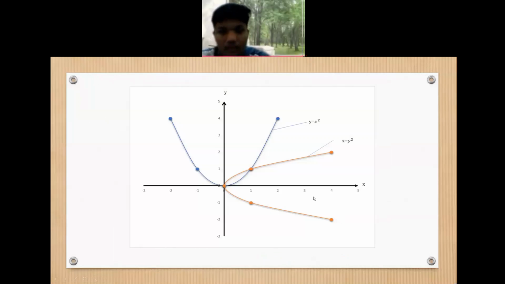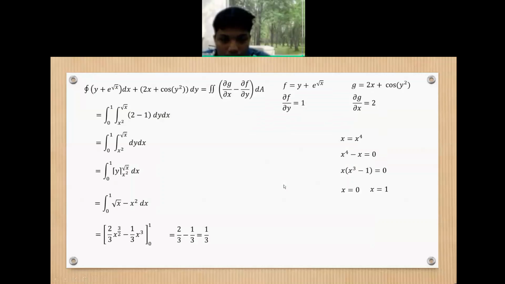So if we plot the graph, this is my y equals x squared graph, and this is my x equals y squared graph. So the region enclosed by these two parabolas is this region. Okay, so we must find our f and g first. My f from the question is y plus e to the power of sqrt x, and g is equal to 2x plus cos y squared.